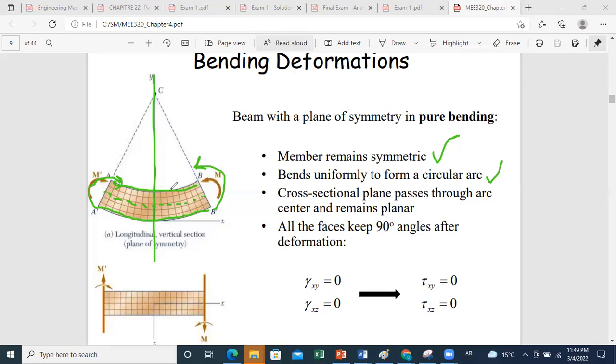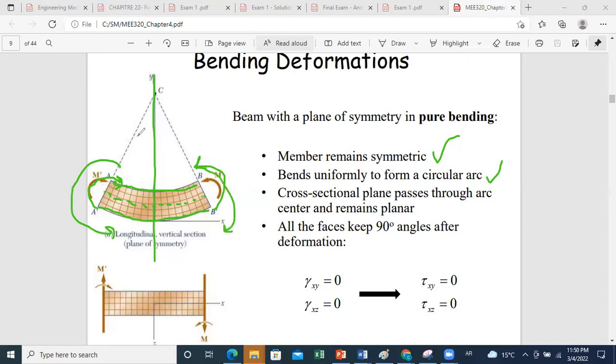Above the neutral axis, you will have a compressive effect, so the lengths of your parts will be reduced, and below the neutral axis, in this example, the lengths will increase. Of course, if you reverse the bending moment direction, everything will change.